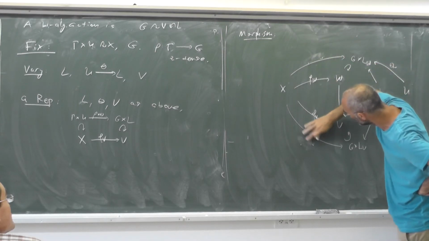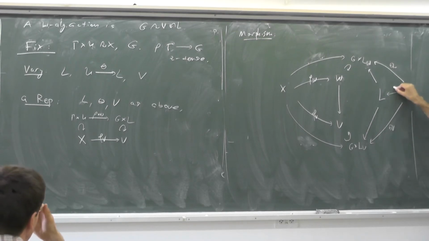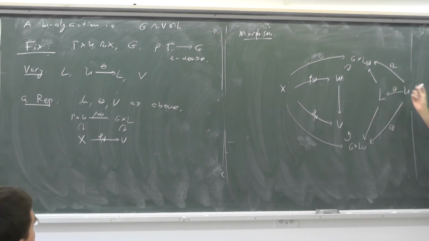It's not the name of the arrow. I'm having this map here and that map there, and I'm asking as part of the data to have something relating everything. So this is the complicated diagram that I want to consider as a morphism. This data is a morphism.